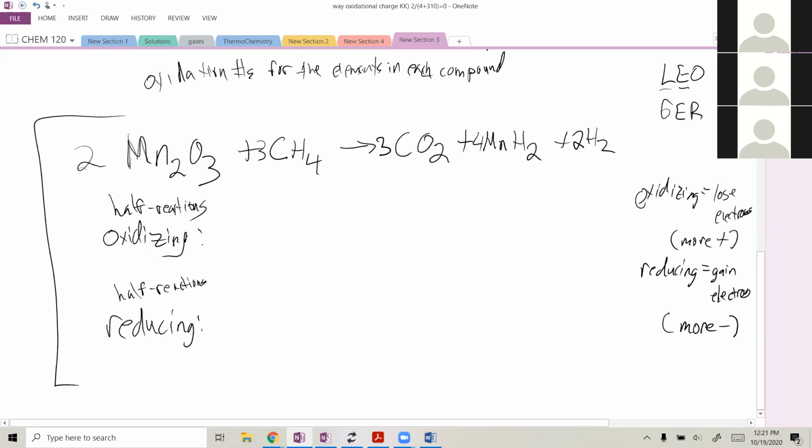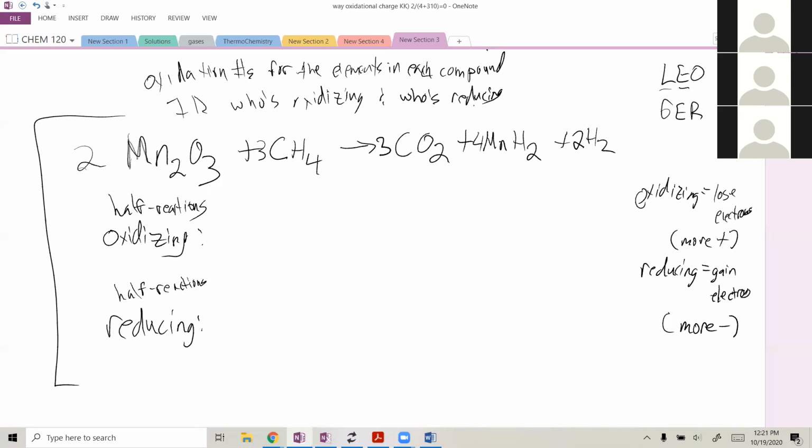And then we should be able to identify who's oxidizing and who's reducing. Okay, so there are a total of 5 compounds there. So you have a bit of work to do. Does anyone have any questions before I split you up?